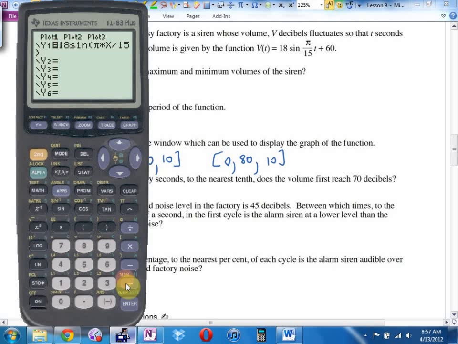Close the bracket off, plus 60. Window, I'm going to go from 0, I'm going to go 1 period. So 0 to 30, in which case I think, Alex, I'll go up by 5s. 0 to 80, up by 10s, graph.